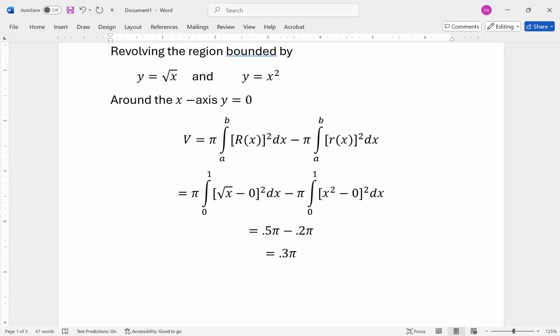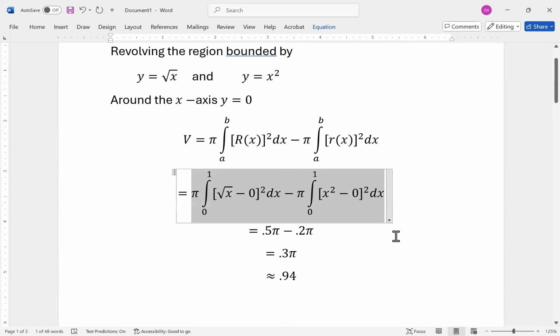Which is about 0.94. So if you're doing approximate answers, you can get it at approximately 0.94. If you want to combine these integrations, feel free to do that as well into one. You can also, like I've been saying, type this whole thing into one line if you like.